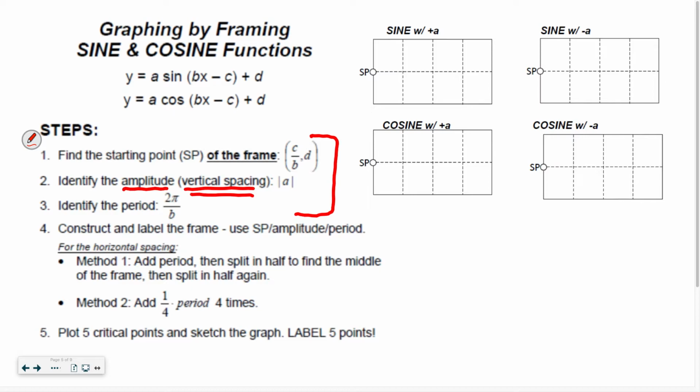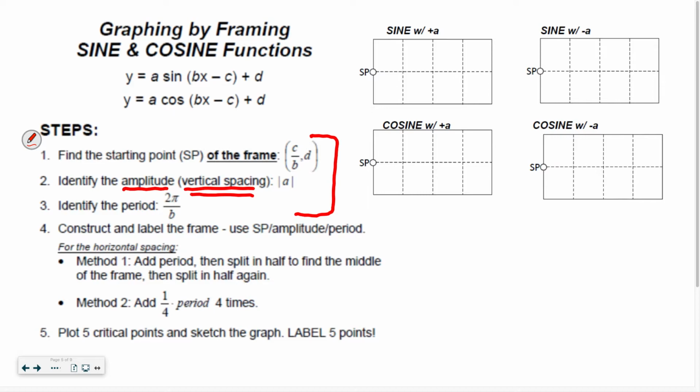Multiply it by 1/4, divide by 4, split it into 4 equal parts. And then whatever your starting point is for x, add 1/4 of your period. That's your next spot. Add 1/4 of your period. There you're halfway. And then do it 2 more times and you'll get those values on the horizontal axis. Okay. So you really want to focus on your homework tonight. Can you do this part, like label your frame correctly?